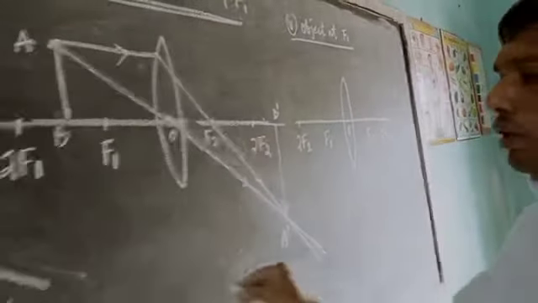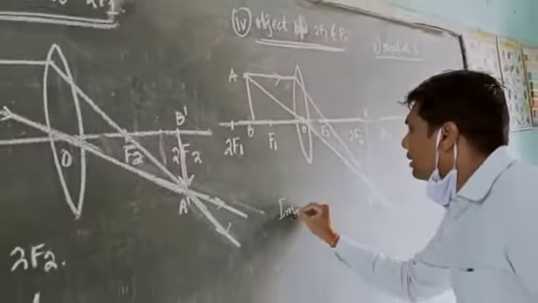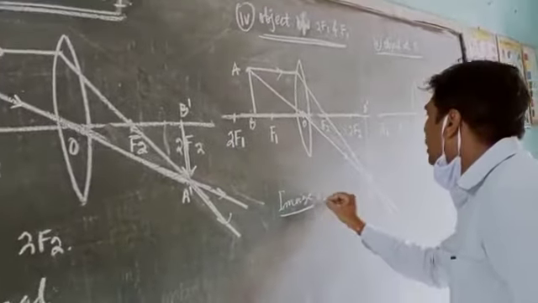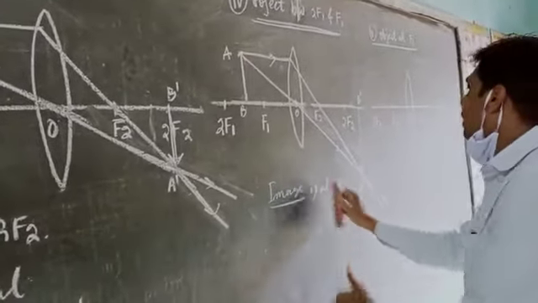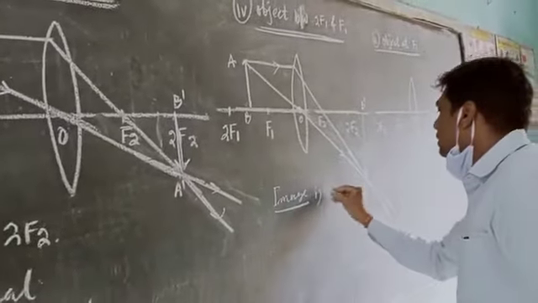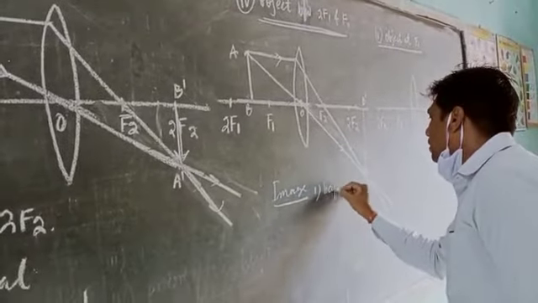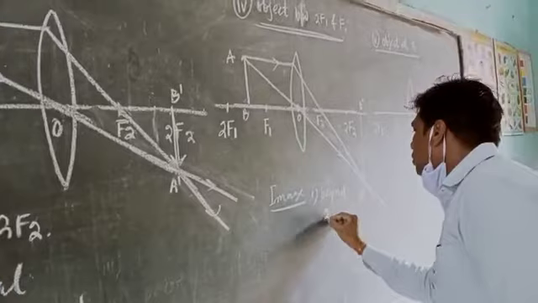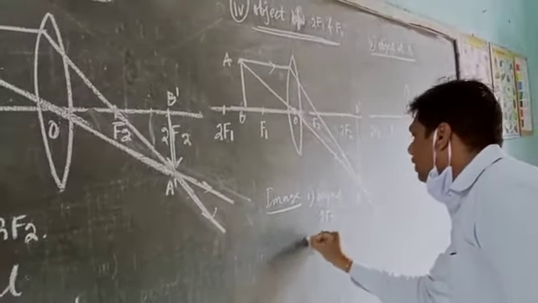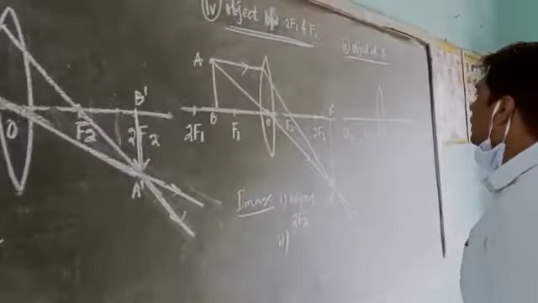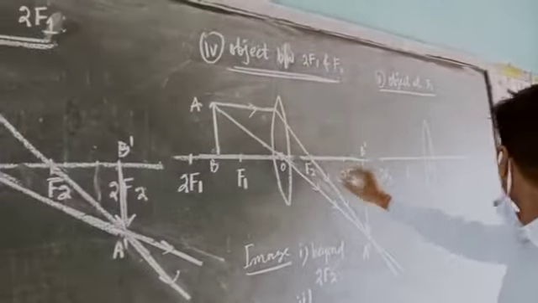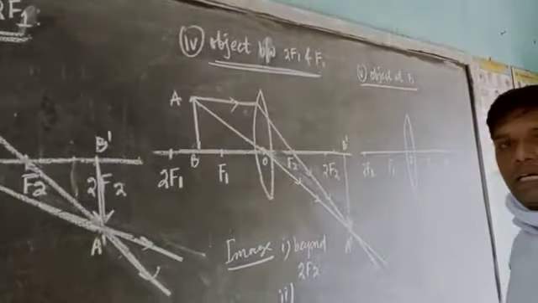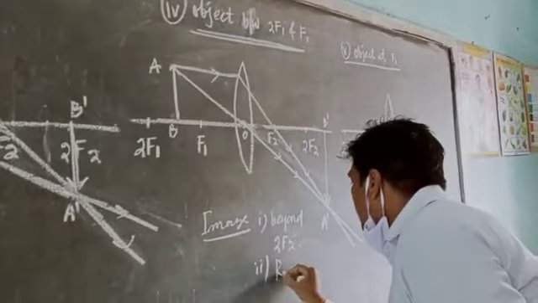So what is the nature of the image? The first point is that the image is created beyond 2f2. Second, because the refracted rays actually intersect each other, the image is real.